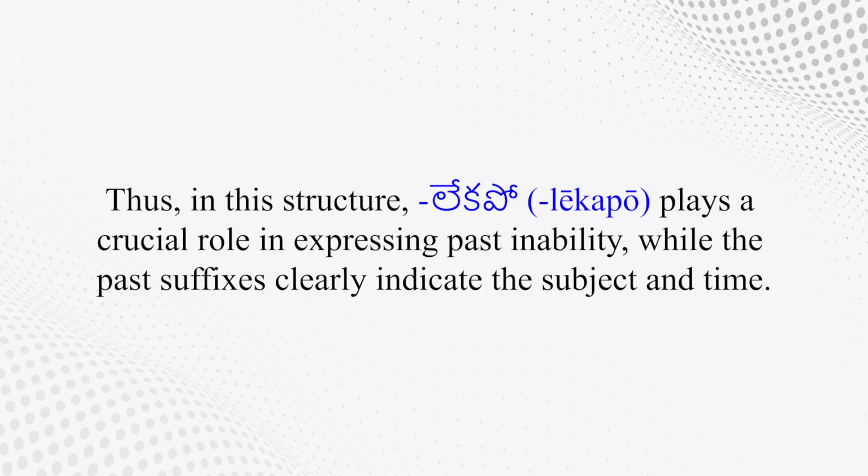The full sentence means he could not remain without eating. Thus, in this structure, lekapo plays a crucial role in expressing past inability, while the past suffixes clearly indicate the subject and time.